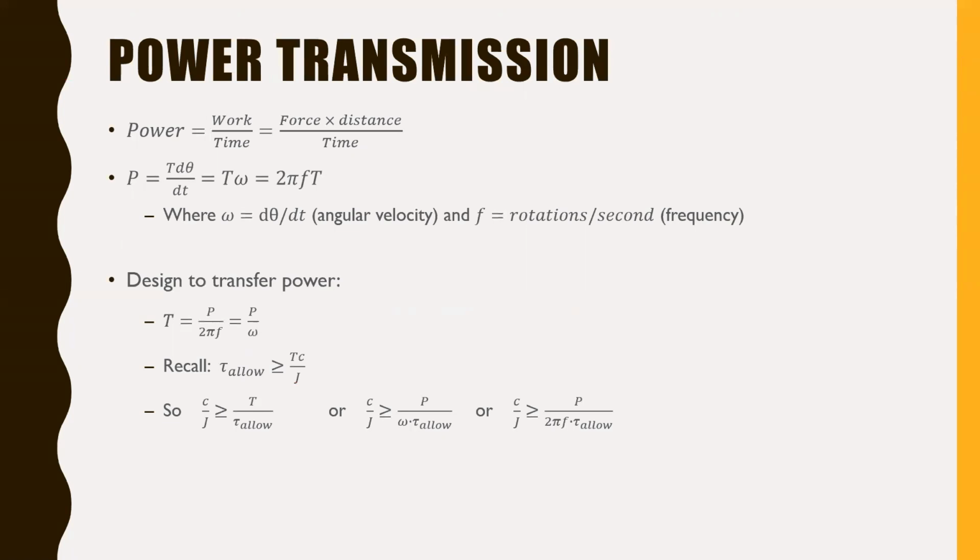So that is our angular velocity. So our torque times our angular velocity. Angular velocity can be expressed as pi times your frequency times your period. So 2 pi, I'm sorry, I misspoke there. The angular velocity is expressed as 2 pi times the frequency, and then that's getting multiplied by the torque.